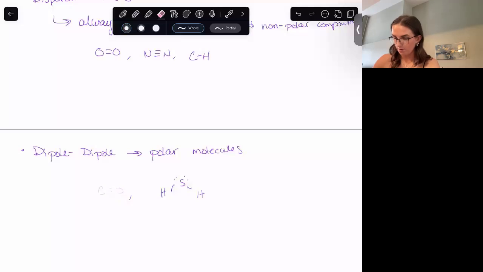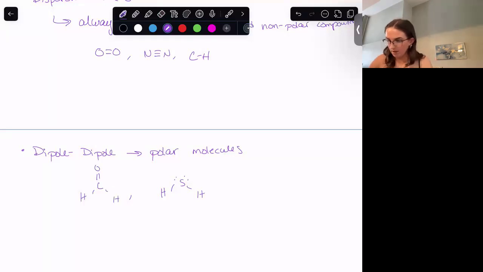Those are going to be polar. And then something like HCN. Those would all be polar and have dipole forces.